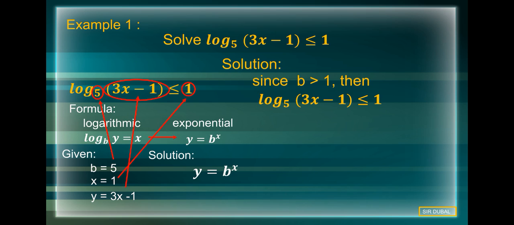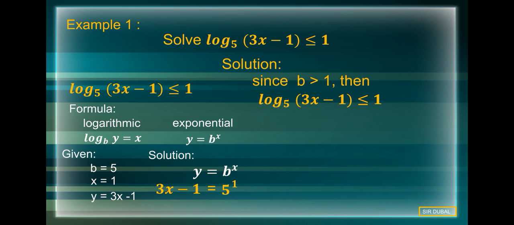We're just going to substitute its value. So our y is equal to 3x minus 1. Our b is equal to 5. And our power x is equal to 1. So let's go back to our main solution.